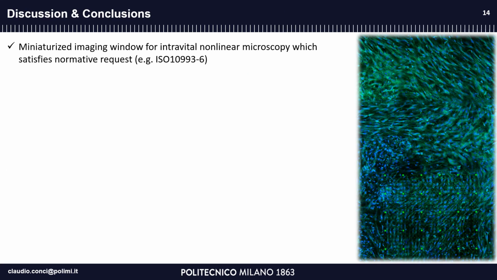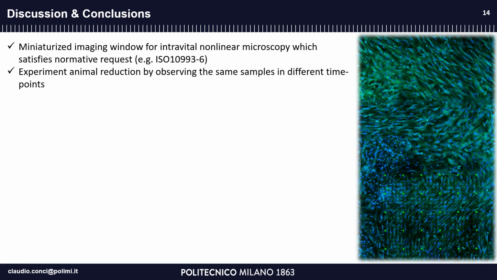In conclusion, what we obtain is a realization of a functional miniaturized imaging window for intravital nonlinear microscopy, which can satisfy the requests of normatives, for example ISO 10993 in terms of biomaterial validation in living animals.